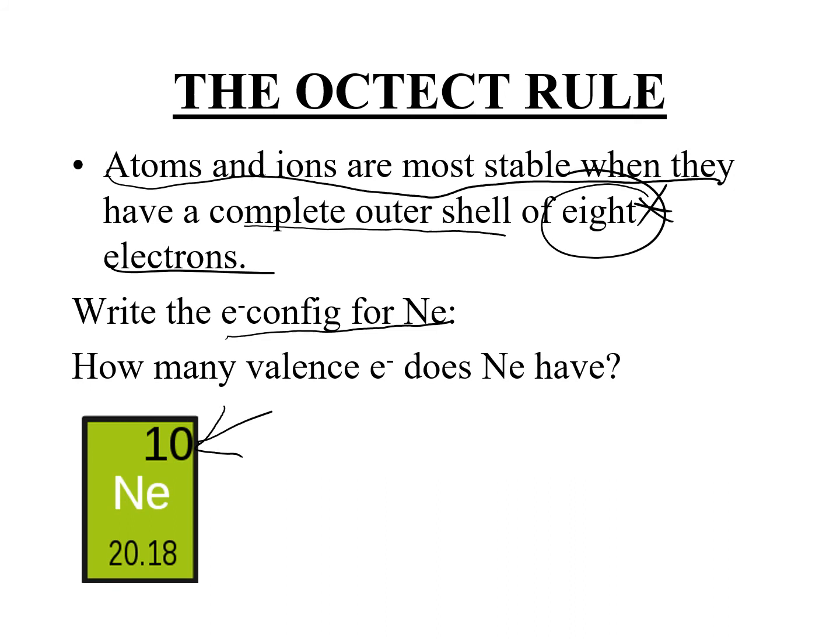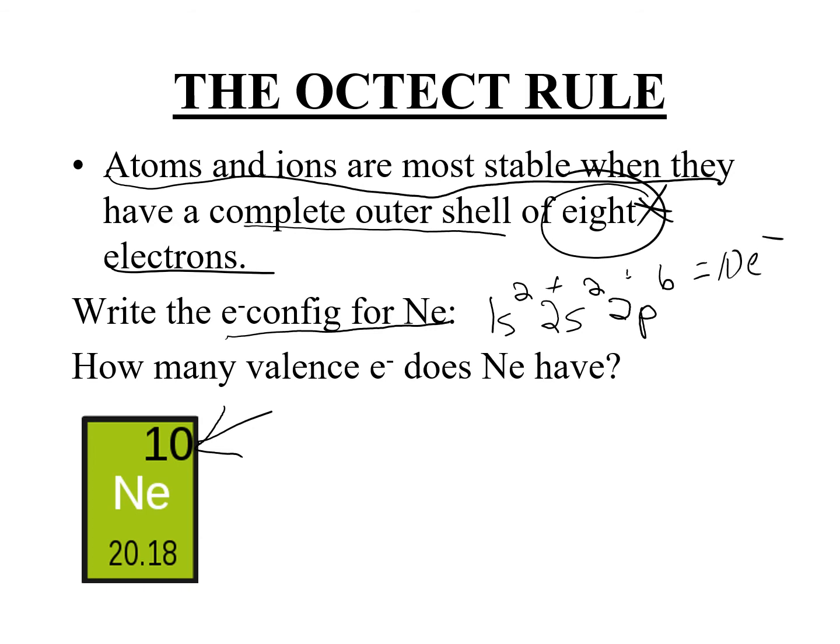So we go back, review from a previous chapter, writing the electron configuration. We start with energy level 1, 1s with 2 electrons in it, 2s with 2 electrons, and then 2p6. So we have a total of 10 electrons. 2 plus 2 plus 6 gives me 10 electrons total.